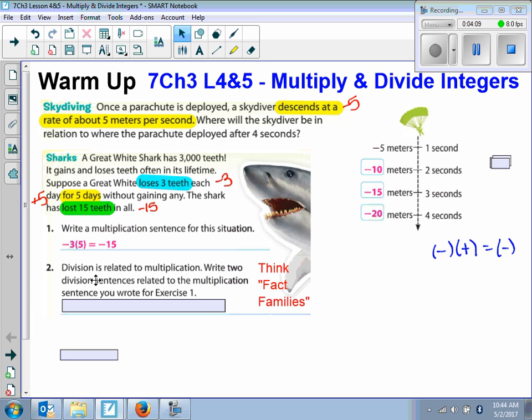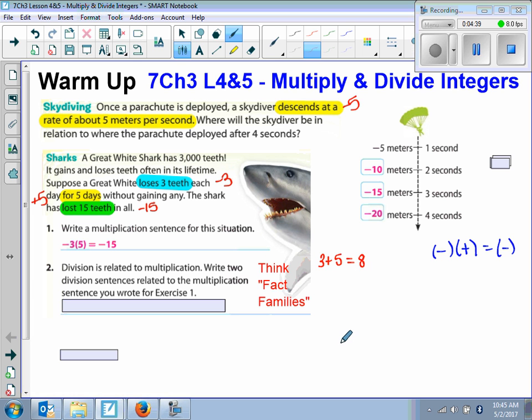Now, we want to write a division sentence that's related to that multiplication equation. And you remember in elementary school, you talked about fact families, right? This is a little hint I gave you. Do you guys remember fact families? That was like if you did 3 plus 5, that's going to give you 8, right?